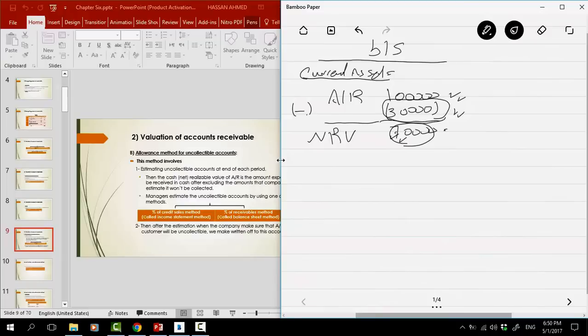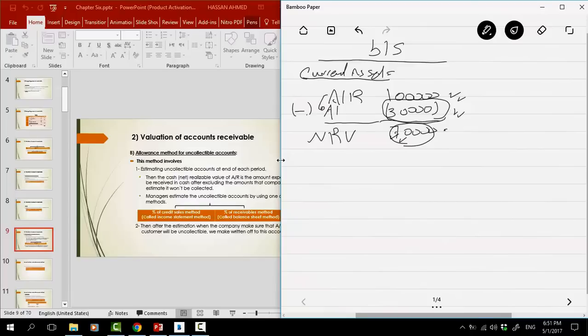Then we need a new account that will decrease the accounts receivable. This account will be considered a contra asset, because accounts receivable is an asset recorded in the debit. The contra asset will be the opposite, recorded in the credit.